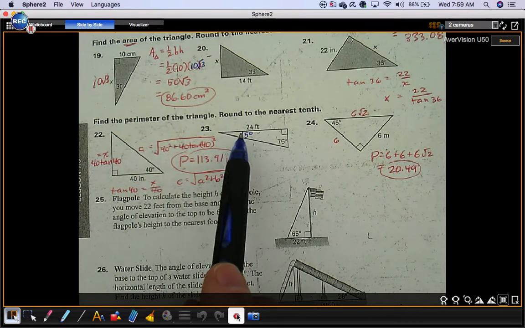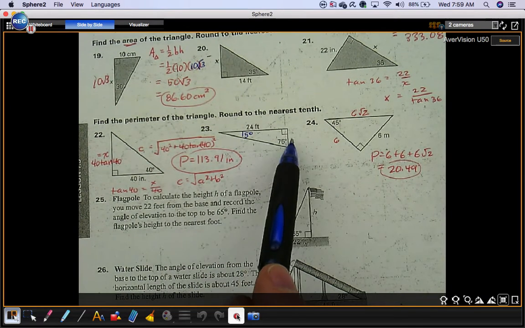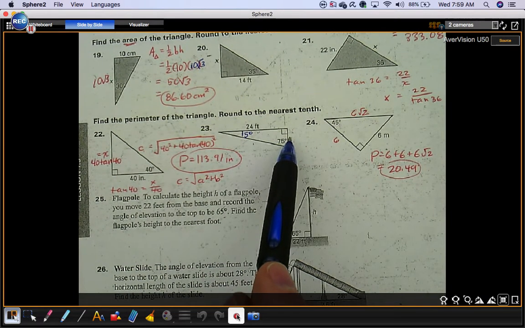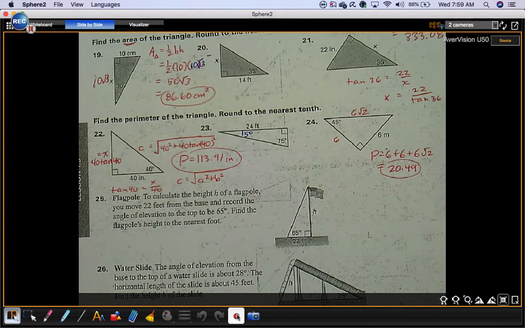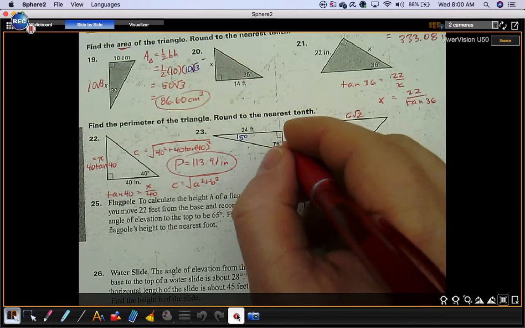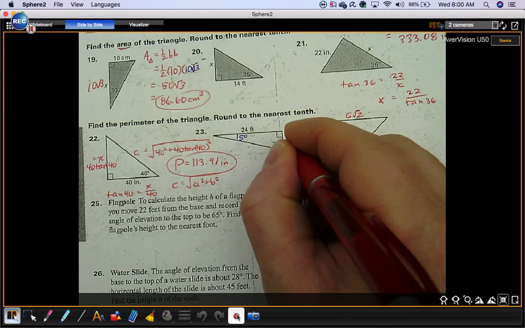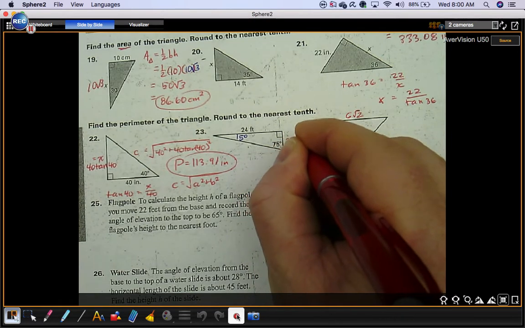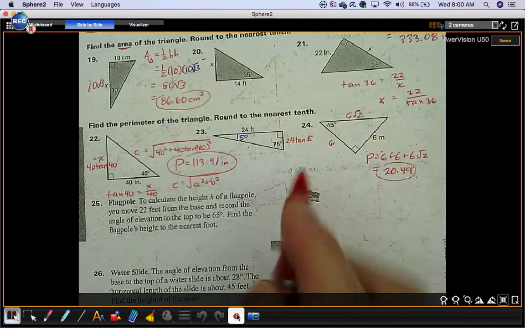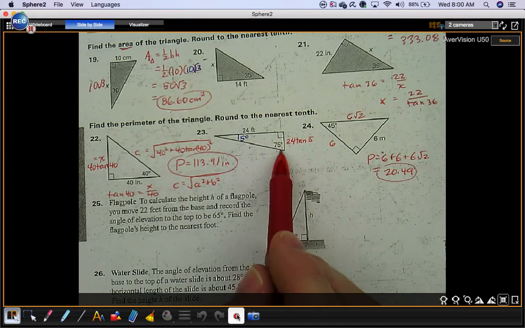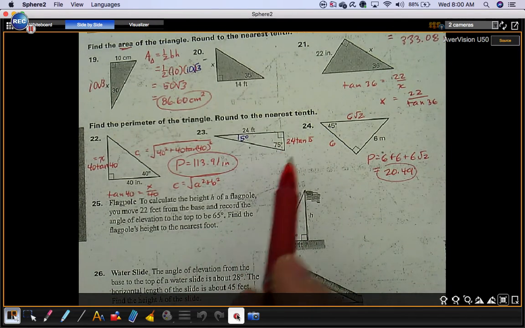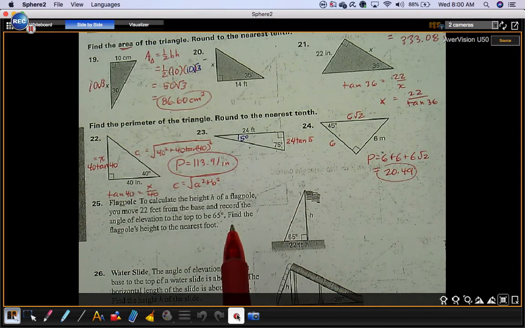So if I use this angle instead, now my unknown leg is the opposite. So I know now that this leg over here is 24 tan 15. That's this exact length. And that's going to be easier to type into the calculator than 24 divided by tan of 75.